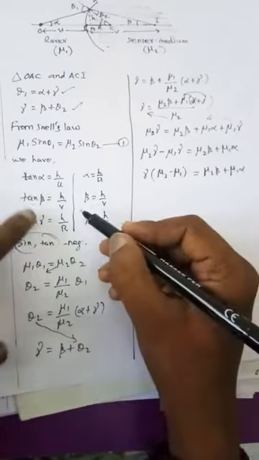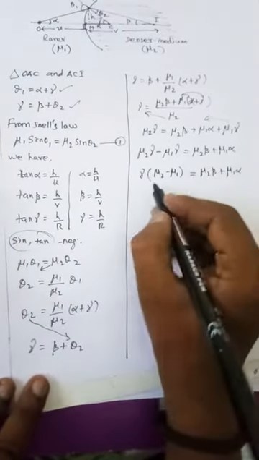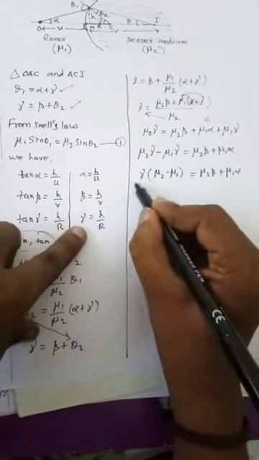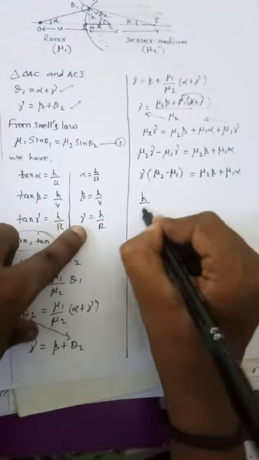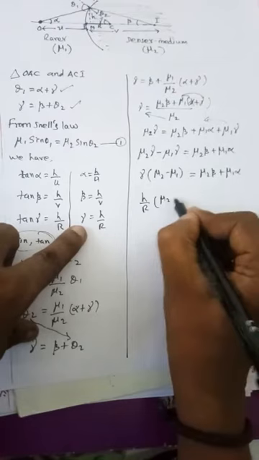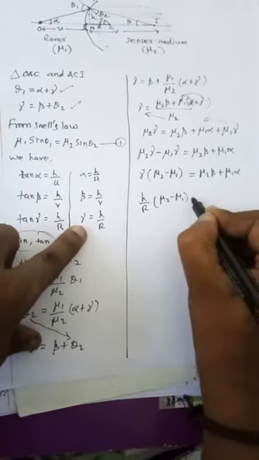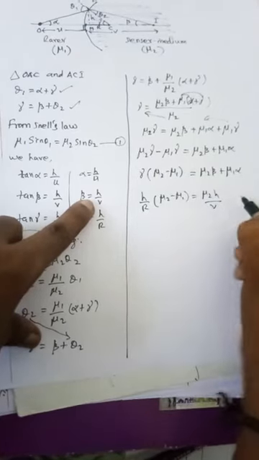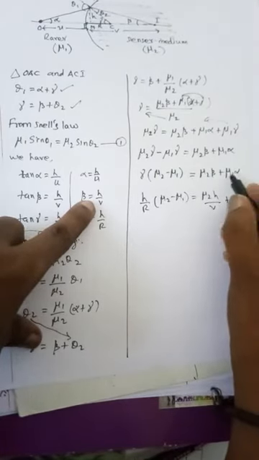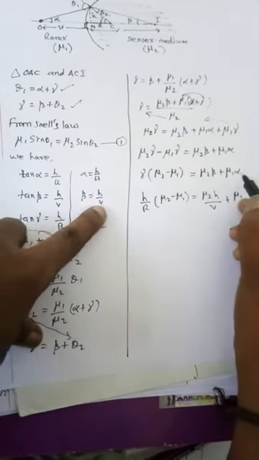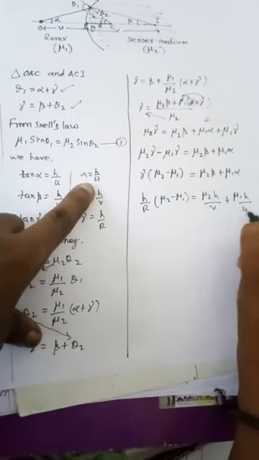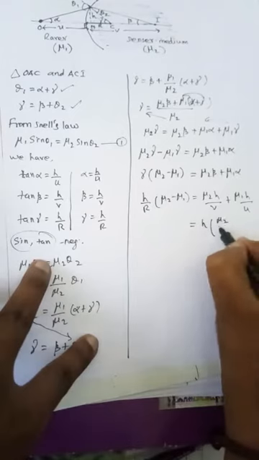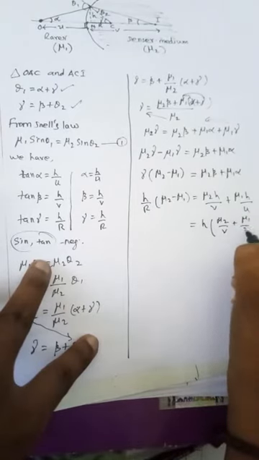Substitute the alpha, beta and gamma values: h by r into mu2 minus mu1 is equal to mu2 times h by v plus mu1 times h by u.